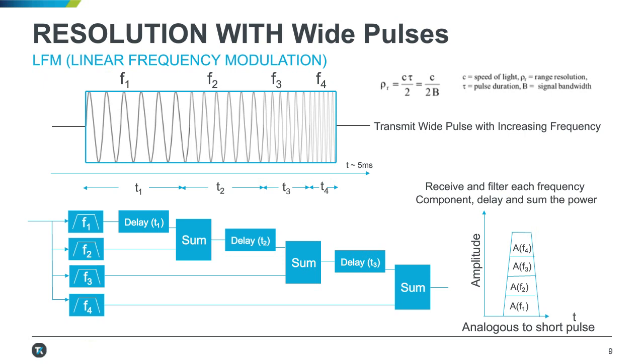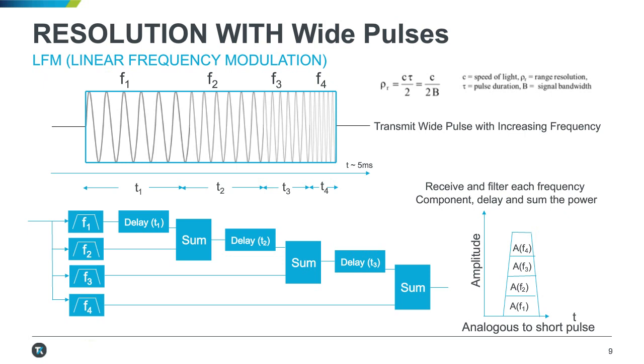Coincidentally, Sidney Darlington also invented the Darlington pair, which is used in many amplifier applications. Back on topic though, an LFM, a linear frequency modulation, or a chirp is a long duration pulse.